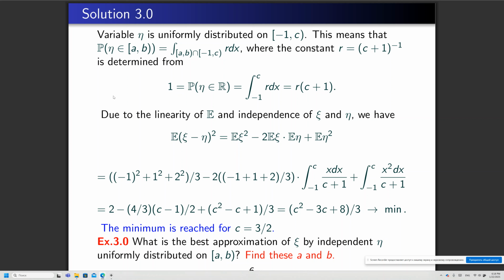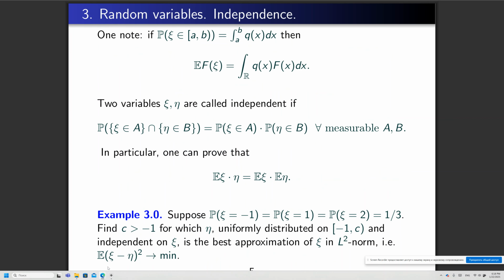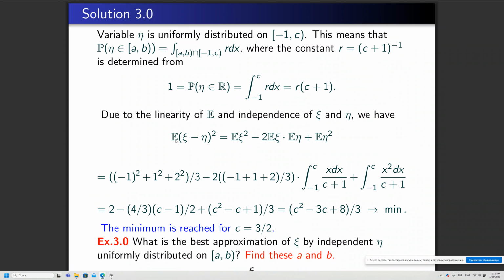Due to the linearity of expectation and independence of xi and eta, we have the following identity. Expectation of xi minus eta squared. We remember we should minimize this value. Opening the brackets, it is expectation of xi squared minus 2 expectation of xi multiplied by expectation of eta, because xi and eta are independent and the expectation of the product is the product of expectations, plus expectation of eta squared.